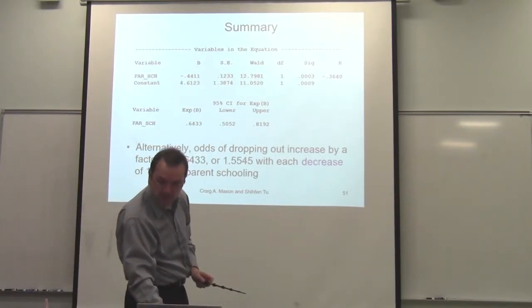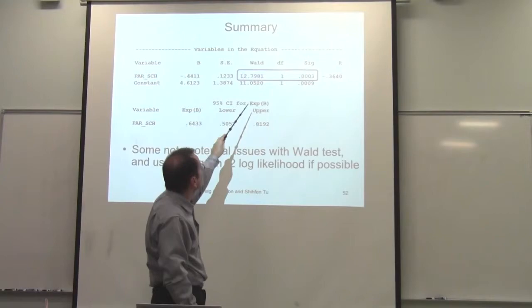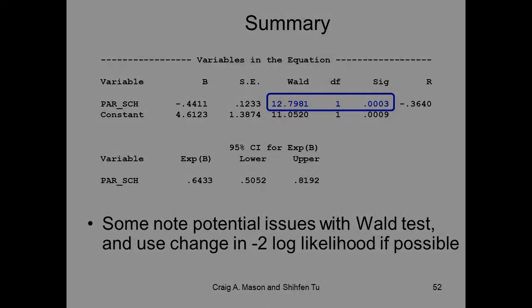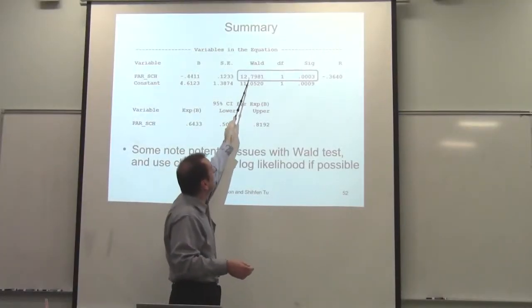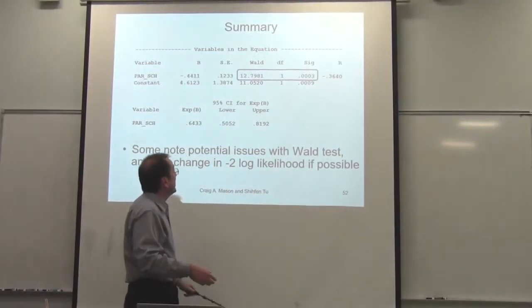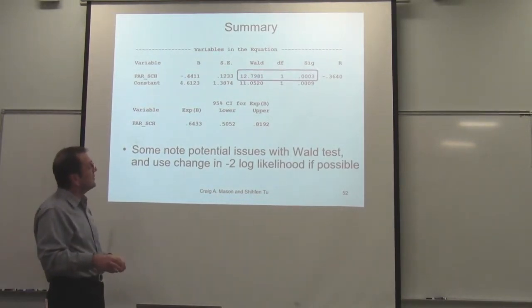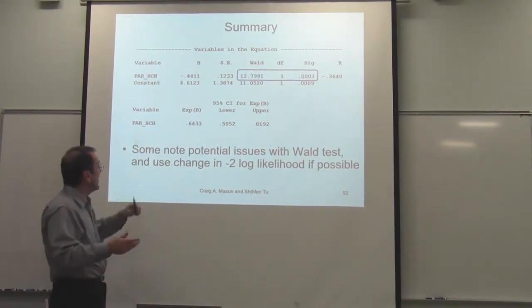Pretty cool. There is the Wald test. You look at it and think, well, it kind of looks like the t-test, doesn't it? And it is functionally like a t-test in that sense. It's testing that specific regression coefficient. Some have noted problems with the Wald test.